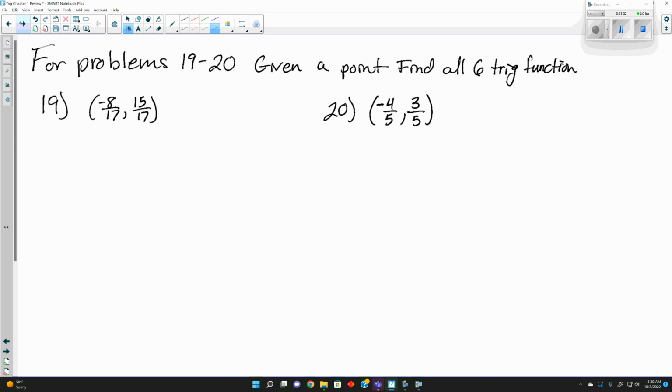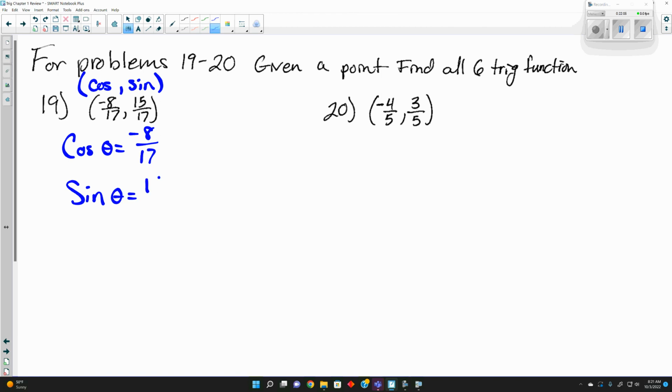So they gave us these points here, yes? And it's a little bit nice because they gave it to us as a fraction, not as a single number, which some of the ones later will. And on the unit circle, we said that each of the points came in the form of cosine comma sine, yes? So that's telling me cosine of theta is negative 8 over 17, yes?